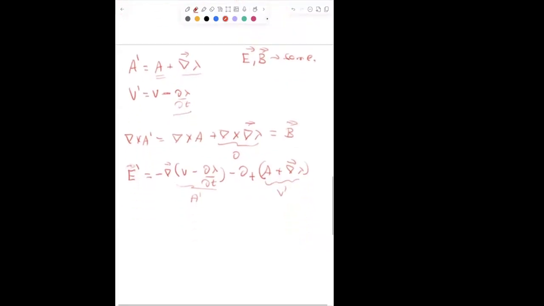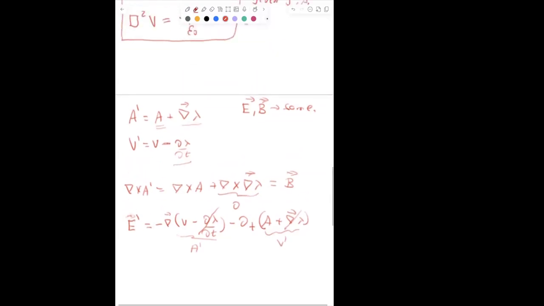So, okay, but now what you see immediately is that this term and this term vanish, because we have the gradient and then the time derivative, and here we have the time derivative, and minus minus gives you plus, and then they simply vanish. This is the reason why in one case we add the gradient, and in the other we add the time derivative. When you take the gradient of V, you get grad d lambda dt, and when you take the time derivative, you get the same, and that's why you have a plus and a minus here.